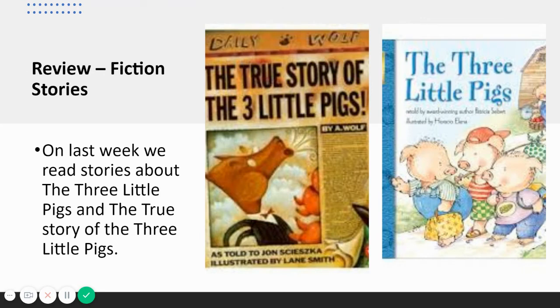But as we read these stories, it mentioned that the wolf was able to huff and puff and blow down the houses of the three little pigs. Now, we have to ask ourselves, can a wolf really huff and puff and blow down a pig's house? No, of course not. So we know that this could not happen in real life, so these stories are fiction.